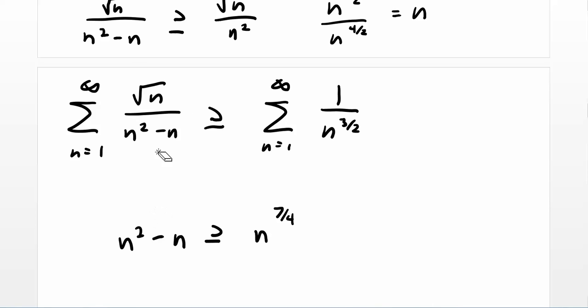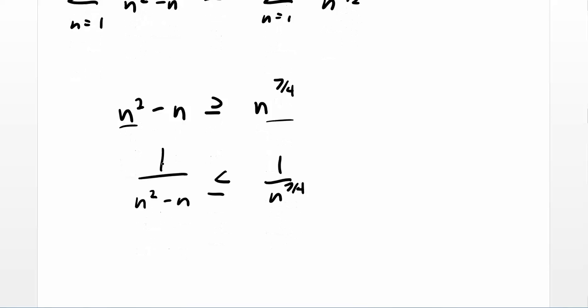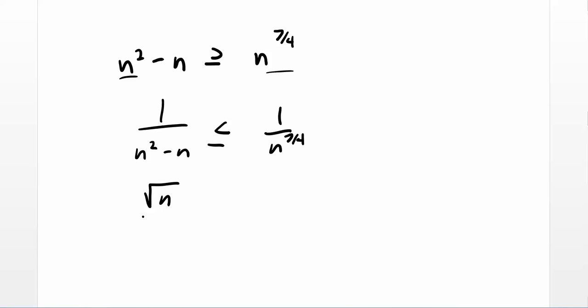And the reason I do that is because eventually n squared minus n is going to be bigger than n to the 7/4. Because eventually this minus n stops mattering, and this is higher than this. So this inequality will be true for some n large enough, which means this is also true. And then finally, this is also true.